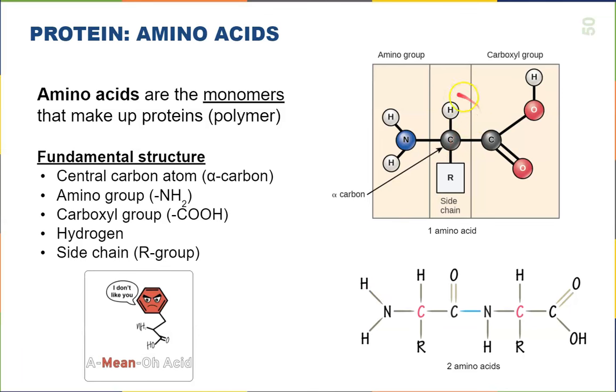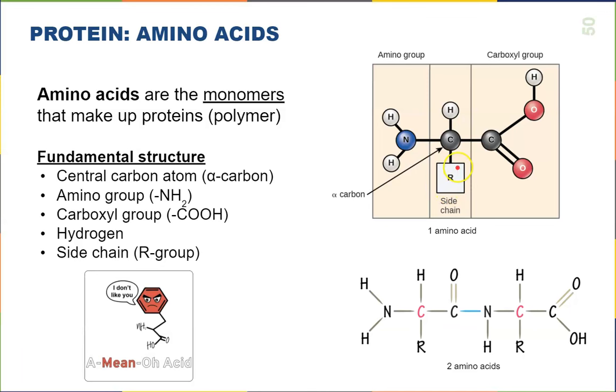So each amino acid, and I say each because there's 20 different amino acids, has a carboxyl group, an amino group, and an R side chain. You might say, I've never seen an R before when we're talking about molecules.